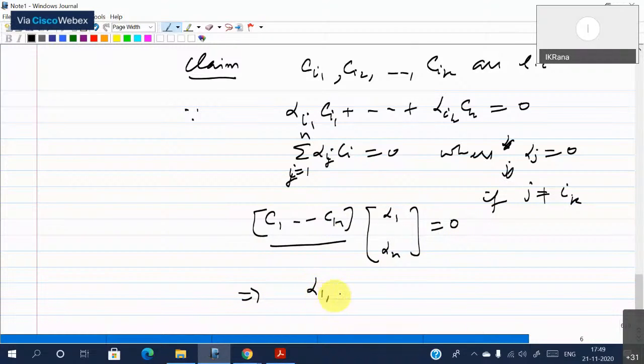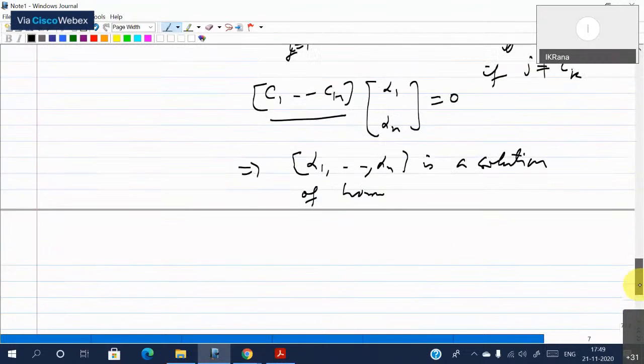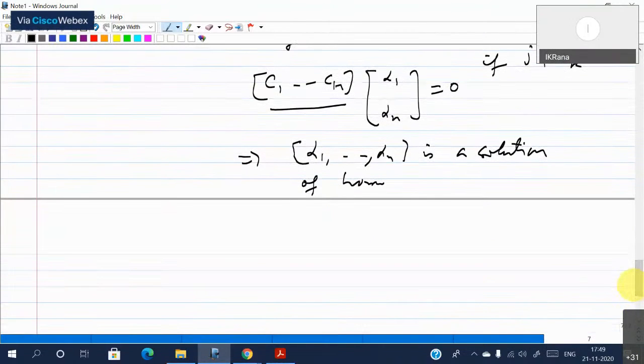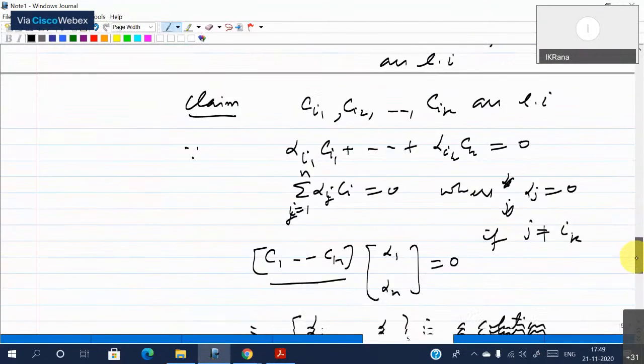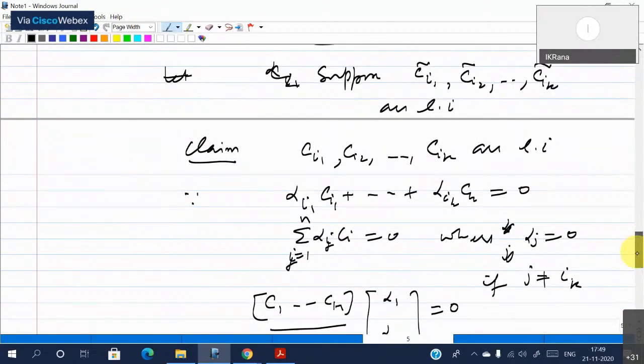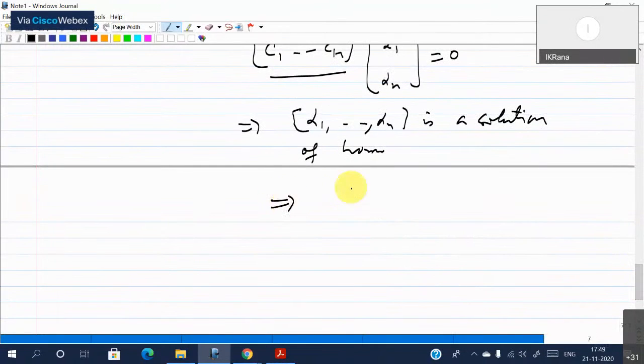That means alpha 1 to alpha n is a solution of the homogeneous system, and that will imply that this is also a solution for the row echelon form.